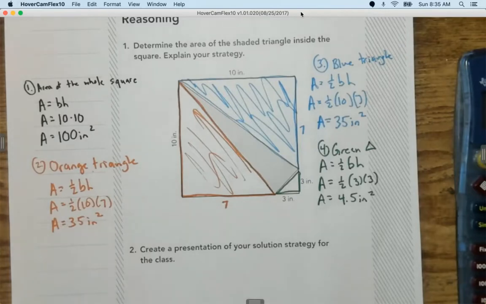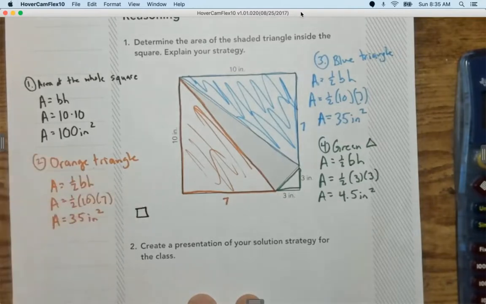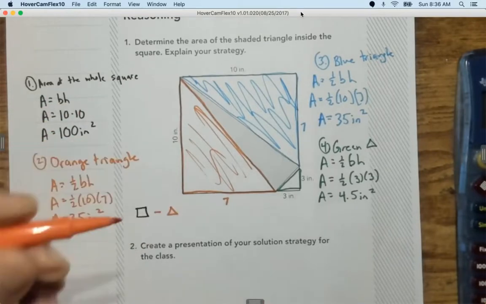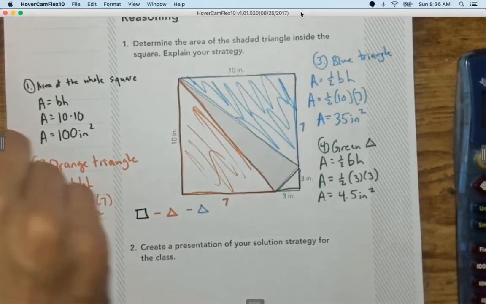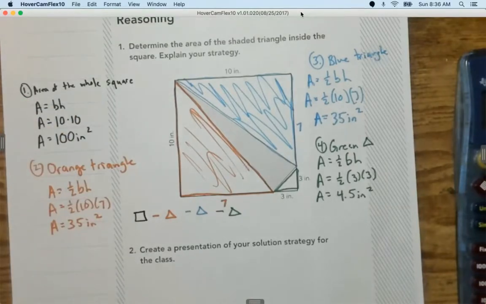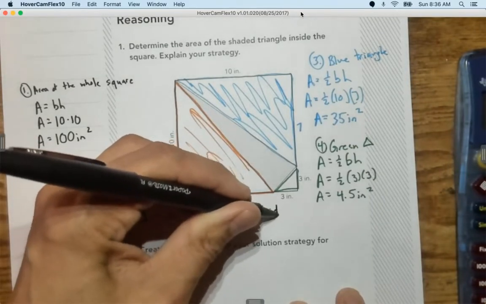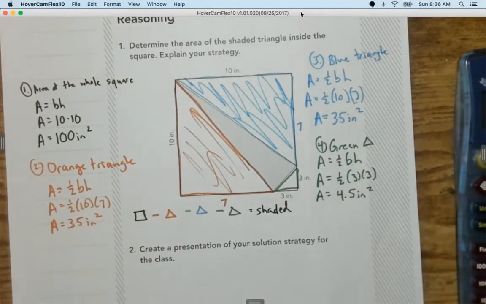Okay. Then, to get my answer, I would first take the square, then I would subtract the orange triangle, then I would subtract the blue triangle, and then I would subtract the green triangle, and all I'm left with is the shaded region. I could think of it this way. I could add up the orange triangle, blue triangle, green triangle first, and then I could subtract that from the whole square as well.